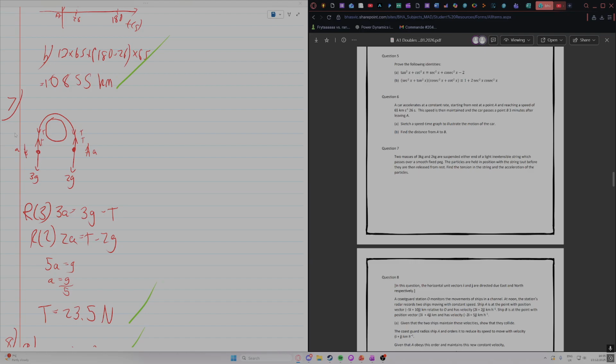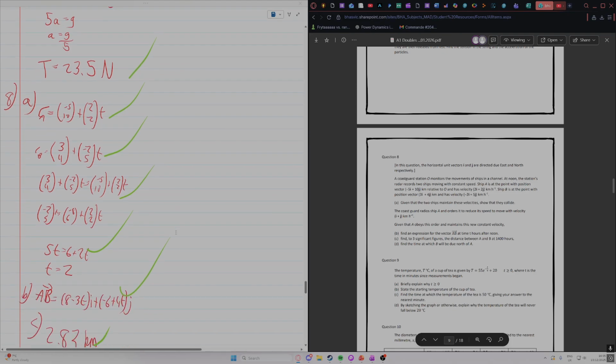And because this one's heavier, it's going to be accelerating downwards. This one's lighter, so it's going to be accelerating upwards. So when you're resolving, R3 is resolving the one that's 3 grams, with a mass of 3, and then R2 is resolving the one that's 2, with F equals ma, and then you can solve simultaneously, find the tension.